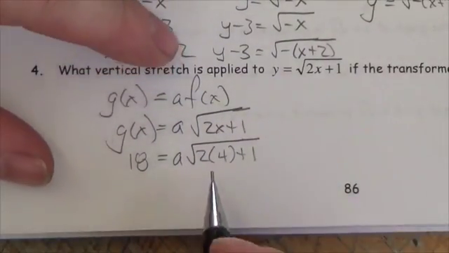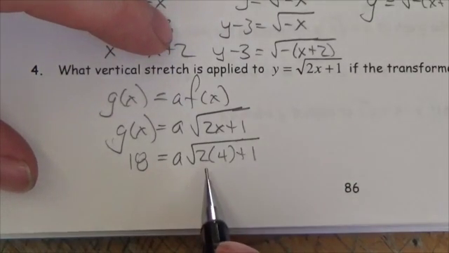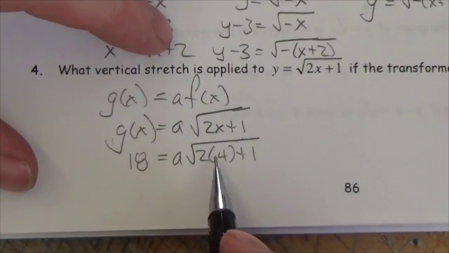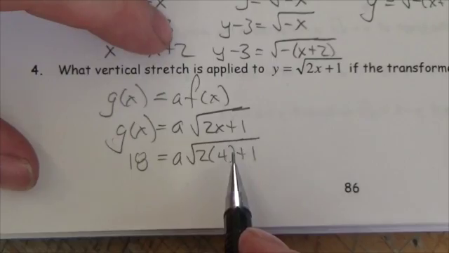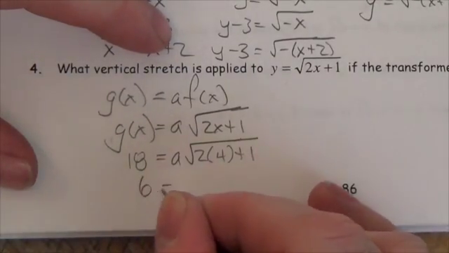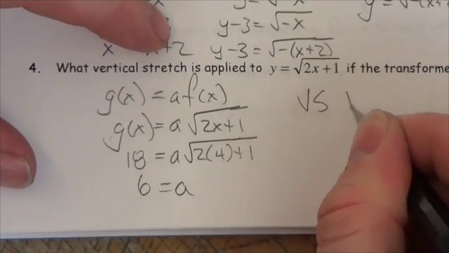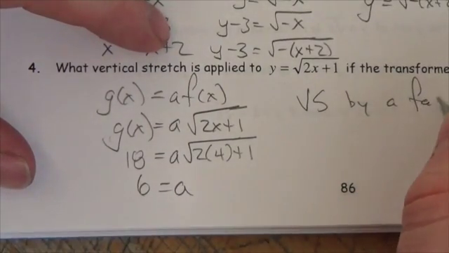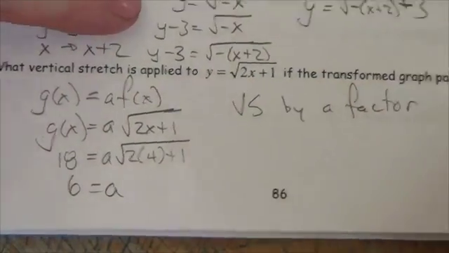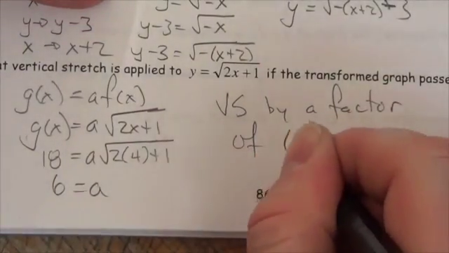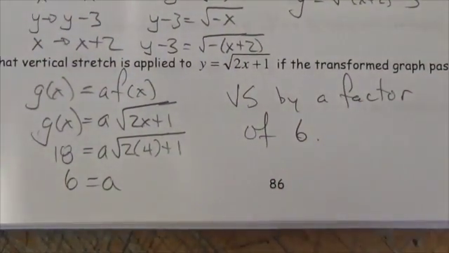And now I just evaluate here. 2 times 4 is 8, plus 1 is 9. Square root of 9 is 3. So when I divide, I get that a is equal to 6, which means a vertical stretch by a factor of 6. Yeah, that's the stretch factor I'm looking for.